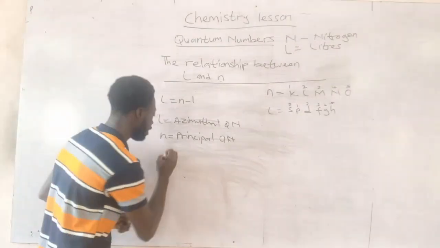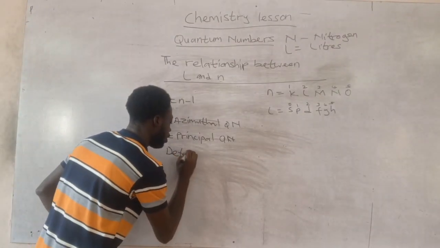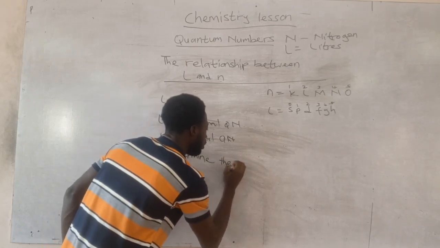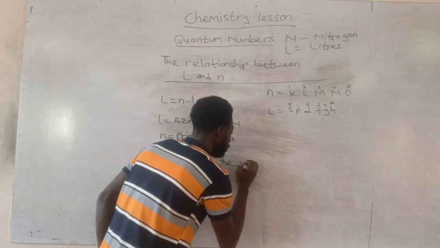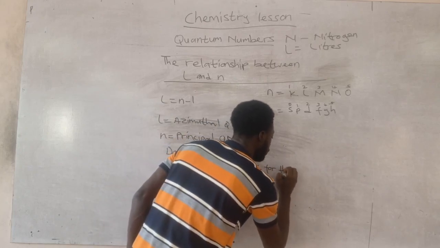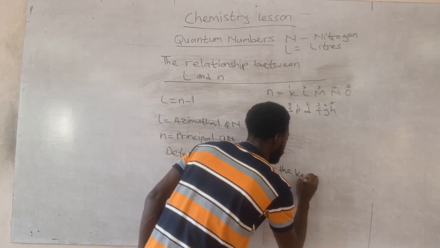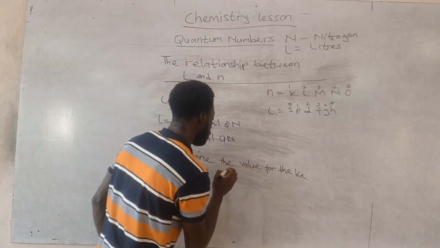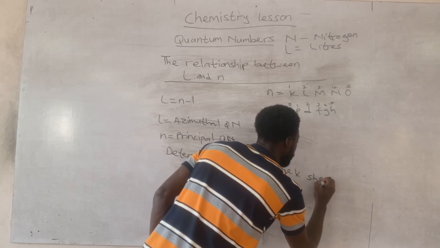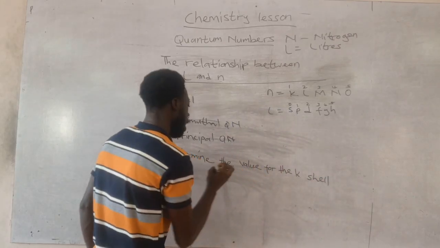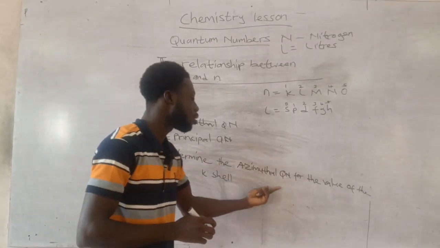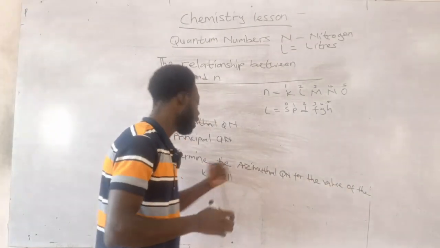So the first question says, determine the azimuthal quantum number for the value of the K shell.